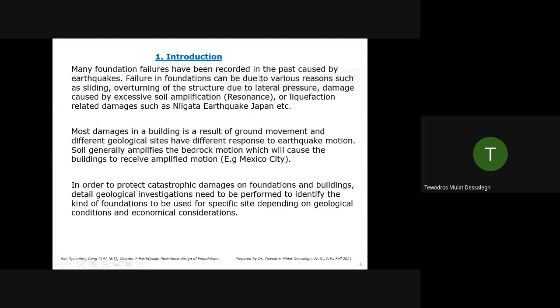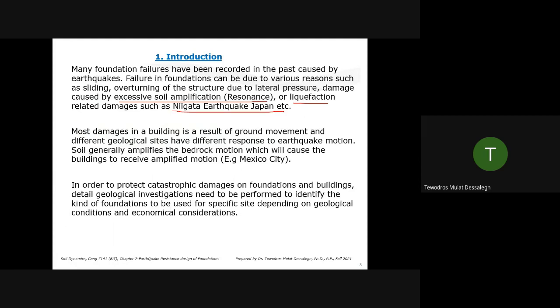Many foundation failures have occurred in the past caused by earthquakes. Failure in foundations can be due to various reasons such as sliding, overturning of structure due to lateral pressures, damage caused by excessive soil amplification such as resonance, or liquefaction-related damage, such as in the Niigata earthquake, Japan.